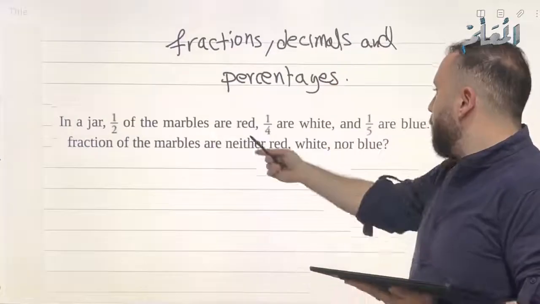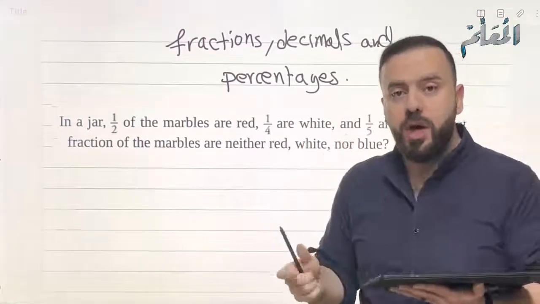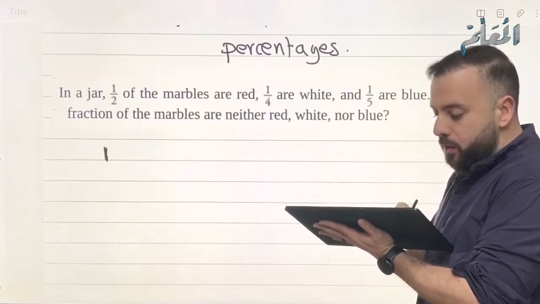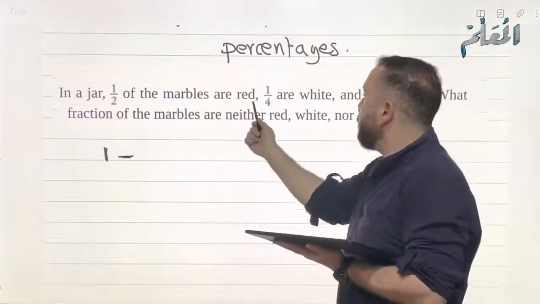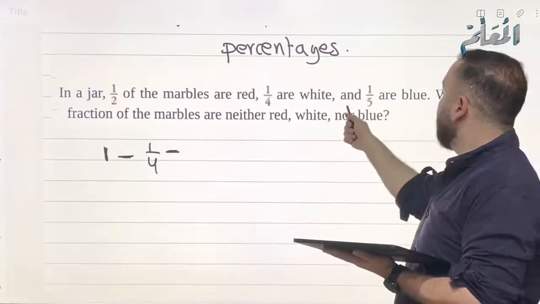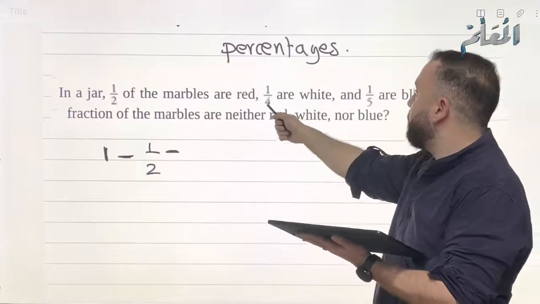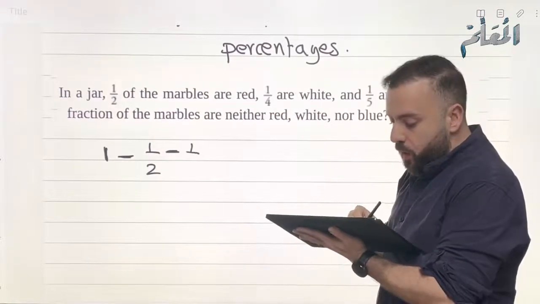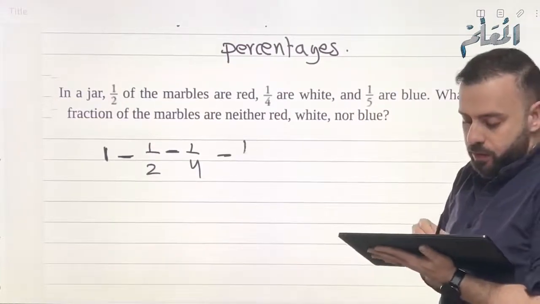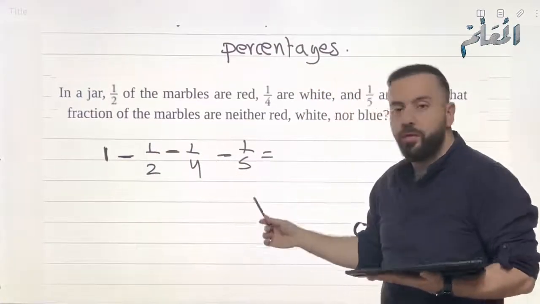So in this case, to check what are the remaining marbles in the jar, we say 1 minus the fraction of the red, which is half, minus the fraction of the white, which is 1/4, minus the fraction of the blue, which is 1/5. So 1 minus half minus quarter minus 1/5.